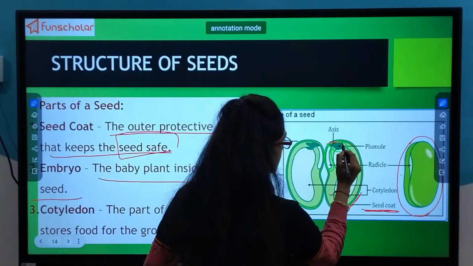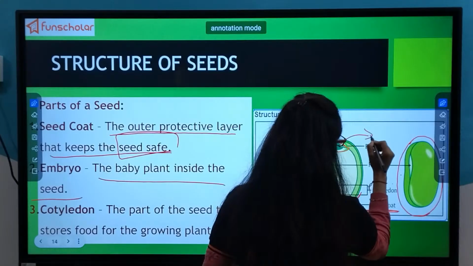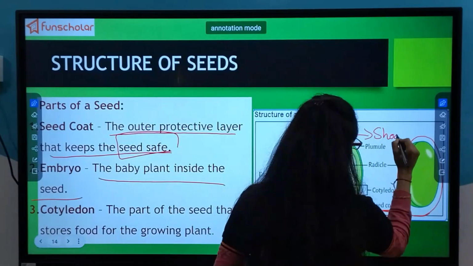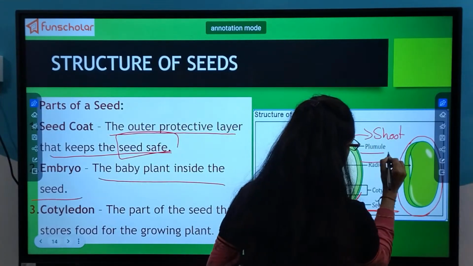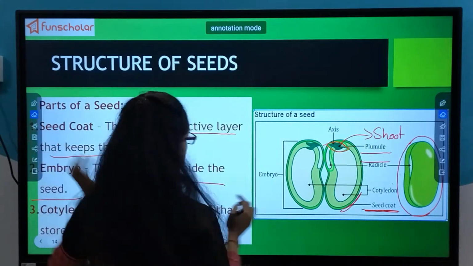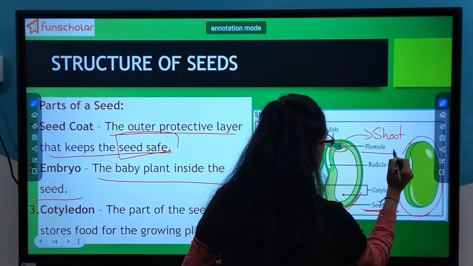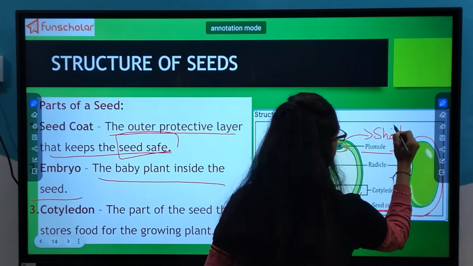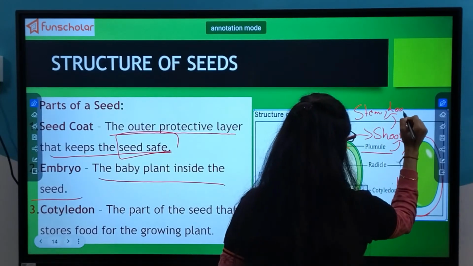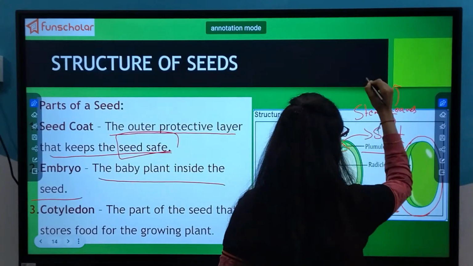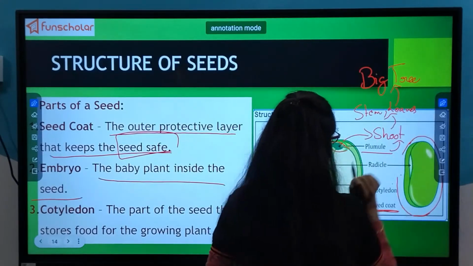This green part of the plant, in future it develops shoot, and in the starting stage this is known as plumule. So plumule forms shoot, and from shoot, stems, leaves, and ultimately a big tree is formed.